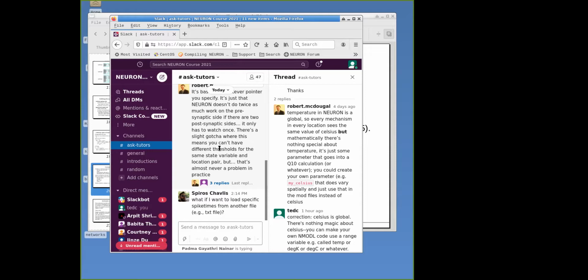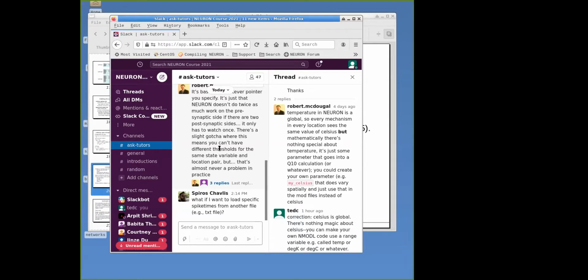Okay. Now, here's a trick for you. It's a little simple trick you can use. You can create a dummy NMODL file, which has a range variable called myV or something like that.